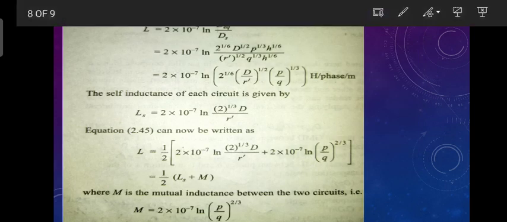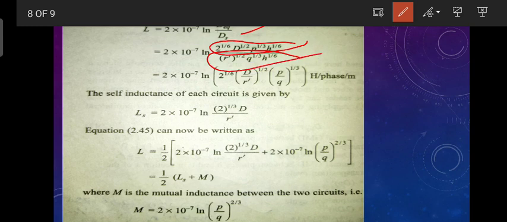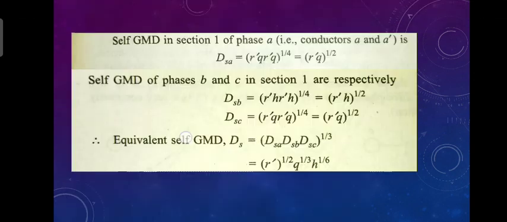So let's see our inductance. We know the inductance is equal to 2 into 10 to the power minus 7 ln D equivalent divided by DS, and that is equal to, by placing all the previous calculations here, 2 into 10 to the power minus 7 ln 2 to the power 1 by 6, D to the power 1 by 2, P to the power 1 by 3, and H to the power 1 by 6 from the previous equation.